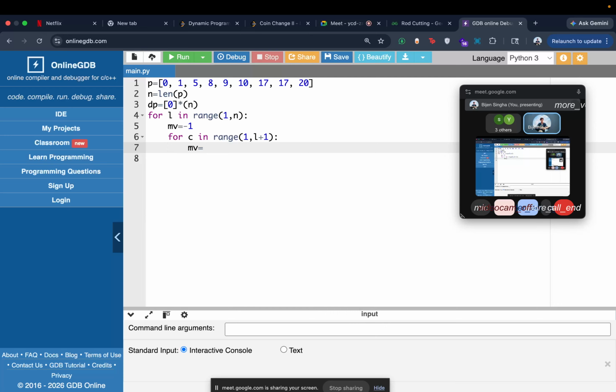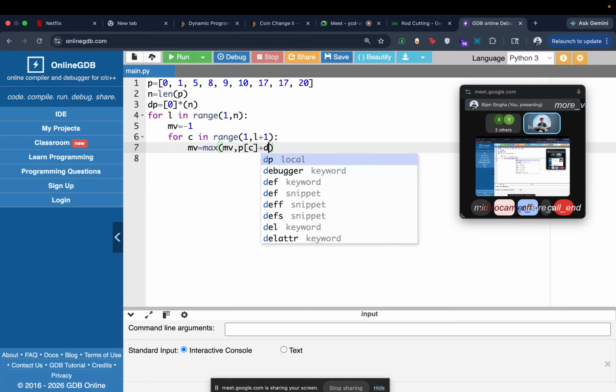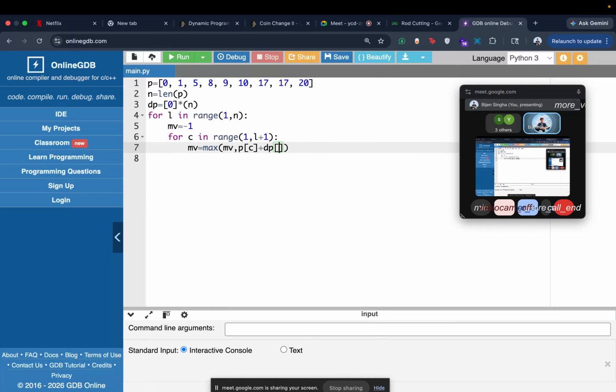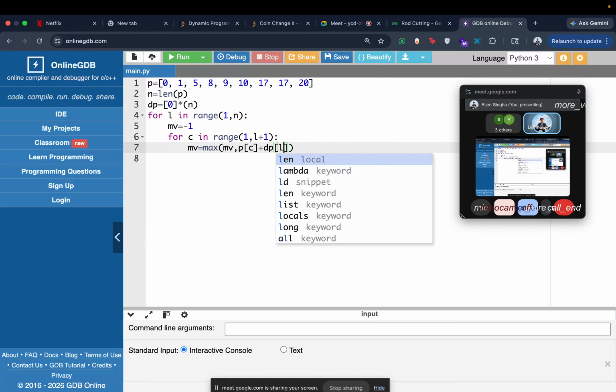Now the main thing starts. MV is the max value of the last one. And the formula. What is the formula? P of C. P of C means P of that cut. Okay, after cutting, what is the price? Plus dp of L minus cut, where L means the length.